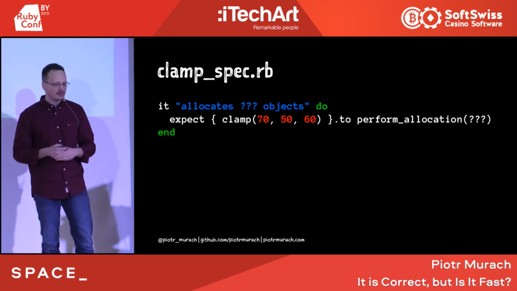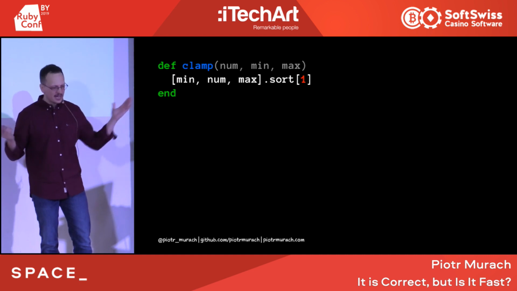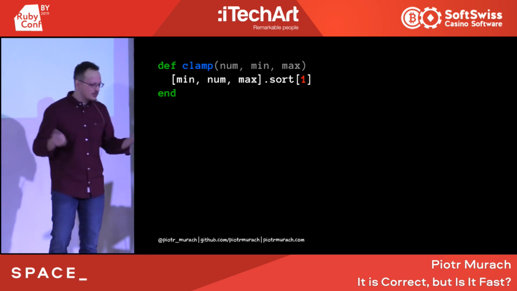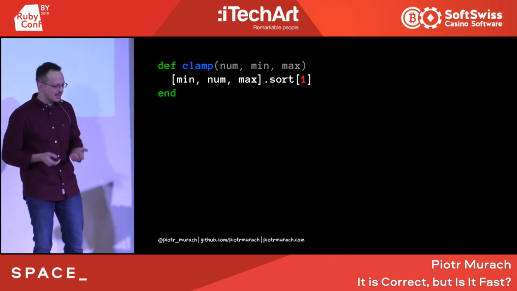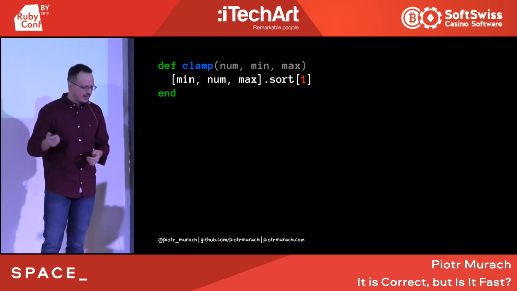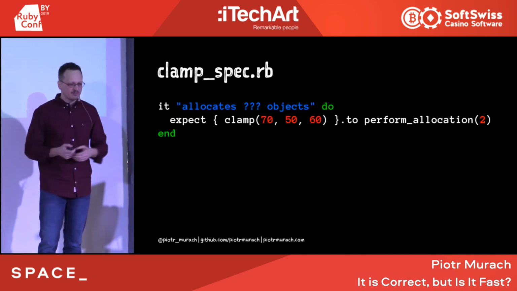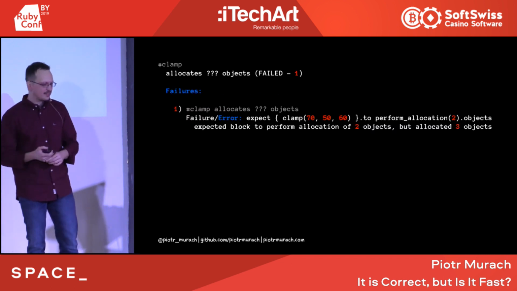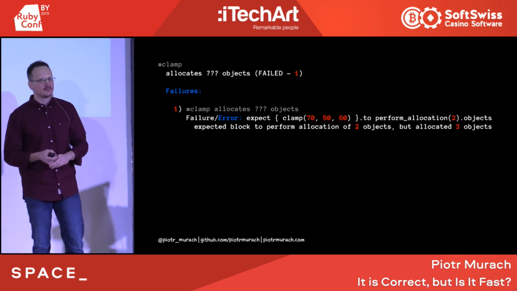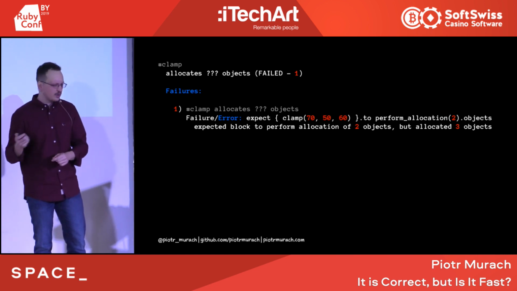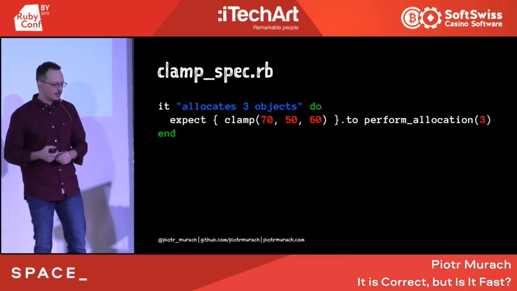We don't know how many objects we actually allocate here. But let's say we think array allocates maybe one object, and maybe using integers allocates some sort of memory. Let's say we allocate 2 objects. We run that, and we find out that there are actually 3 objects allocated. That's different to what we thought originally.